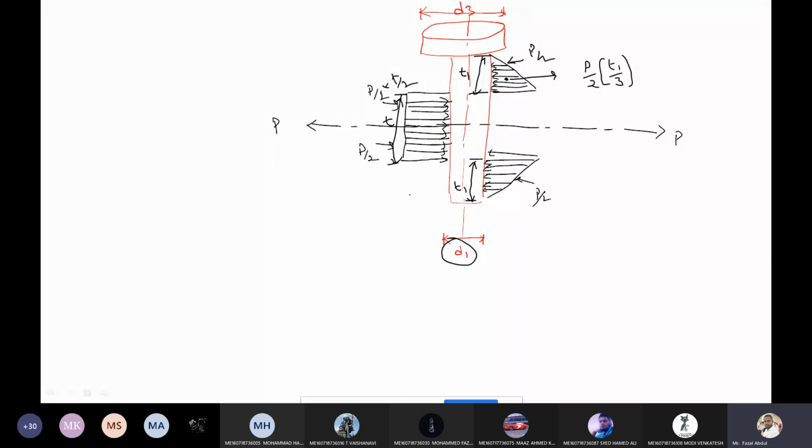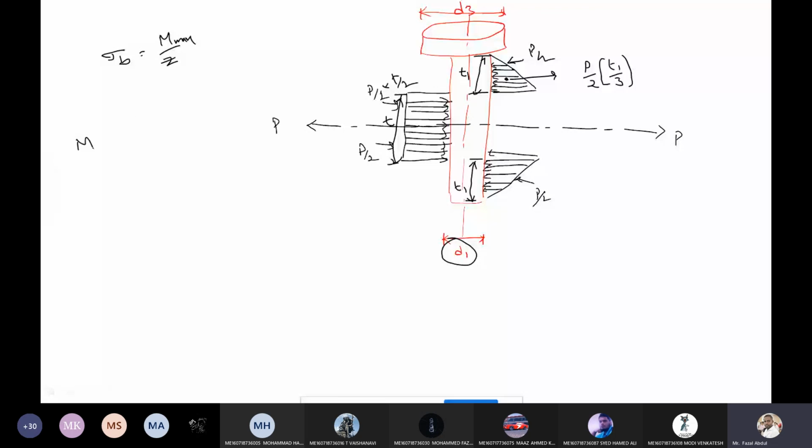Why? Because in the previous case, the knuckle pin fails in shear. If the design is safe in shear, then it is going to be subjected to bending. In this situation, the stress generated is the bending stress, equal to M by Z, where Z is the section modulus and M is the maximum bending moment.